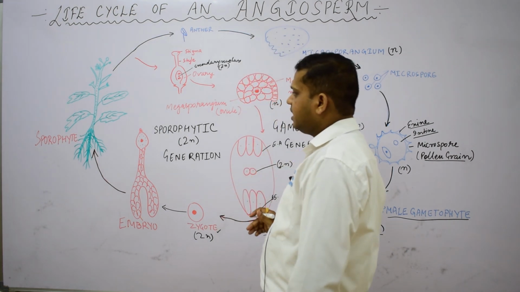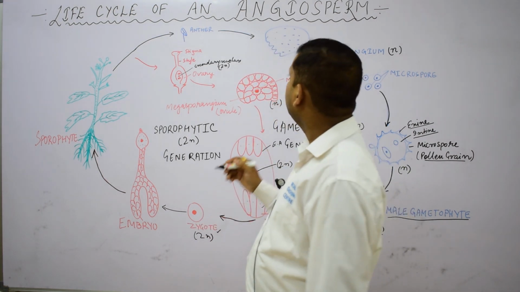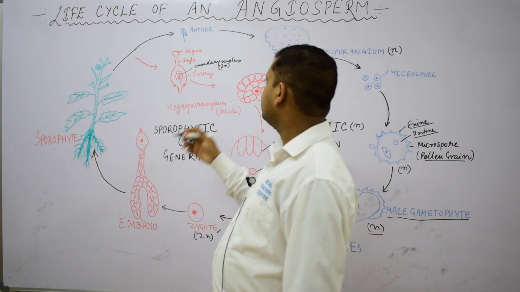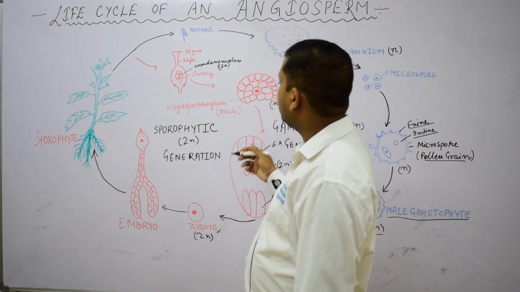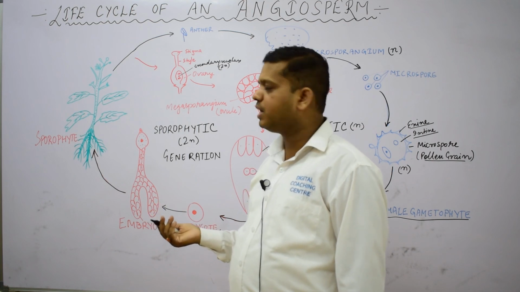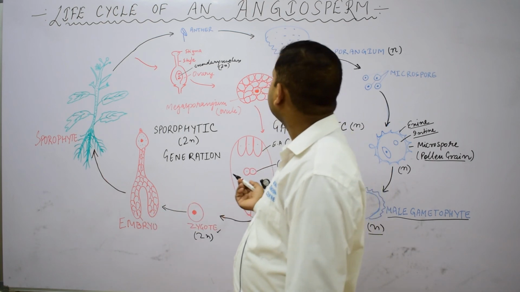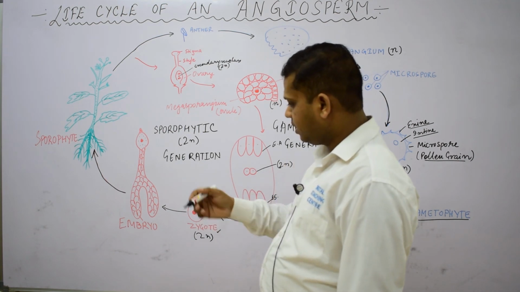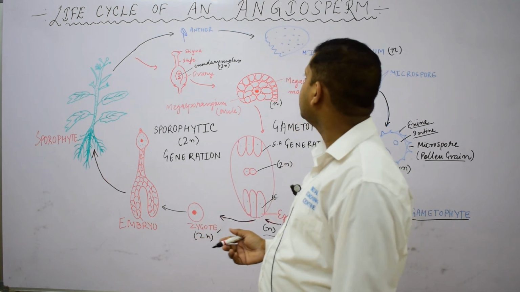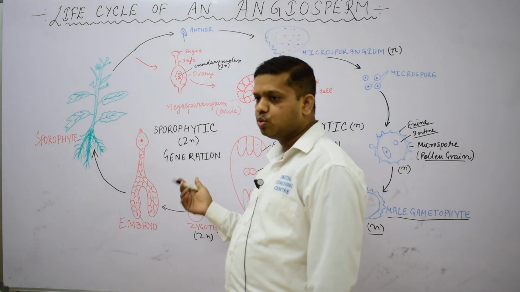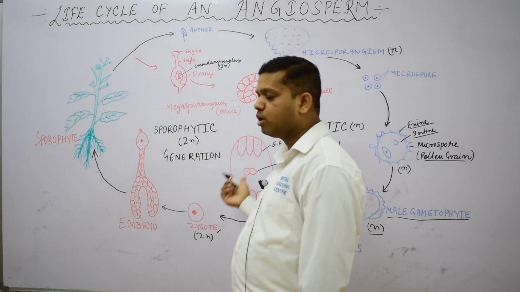We also understand that angiosperms are divided into two parts, dicot and monocot. About 75% of the plants seen nearby are dicots, and 25% of the plants seen in a particular environment are monocots. Dicots have two cotyledons, monocots have one cotyledon.